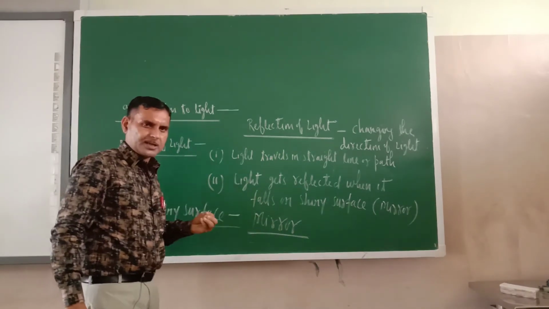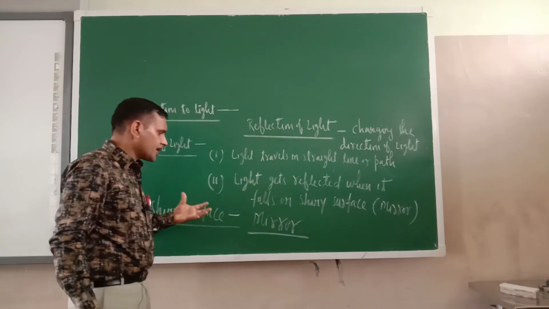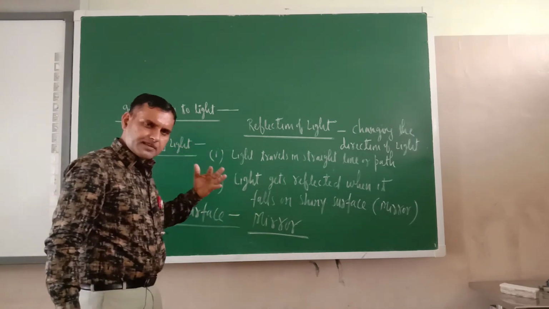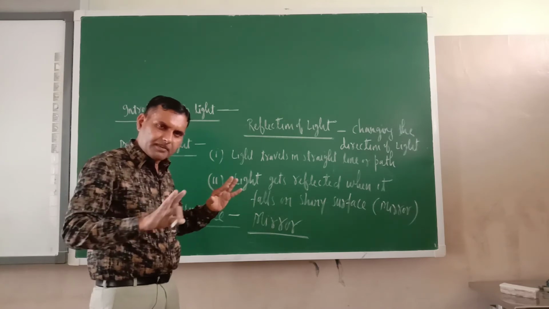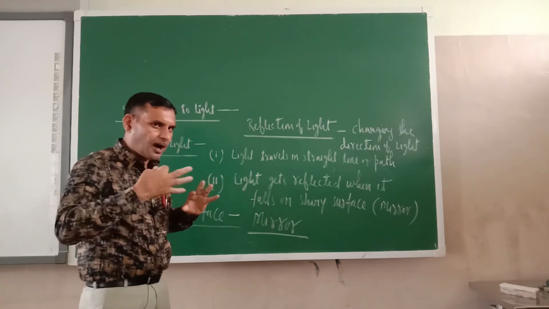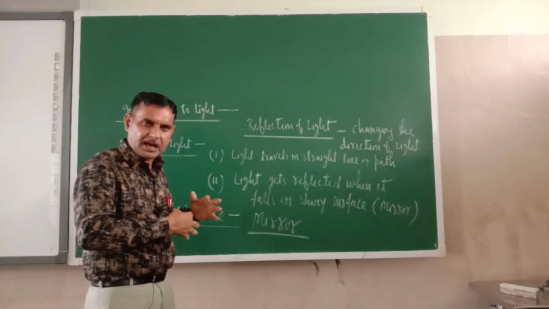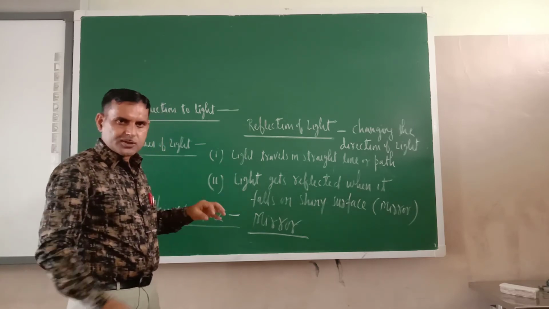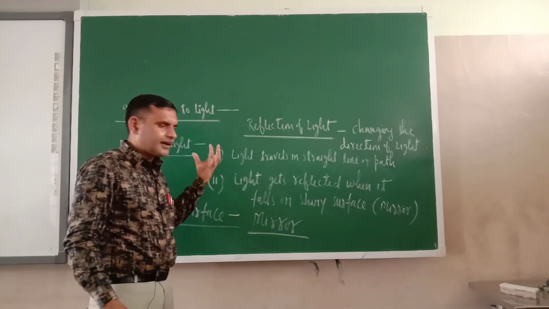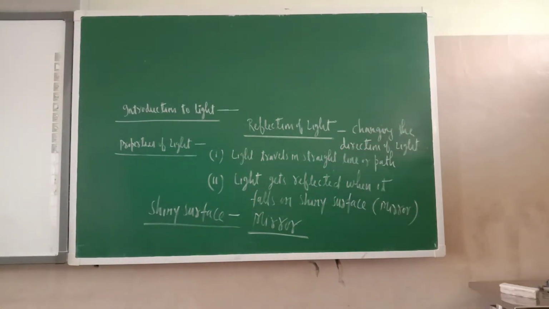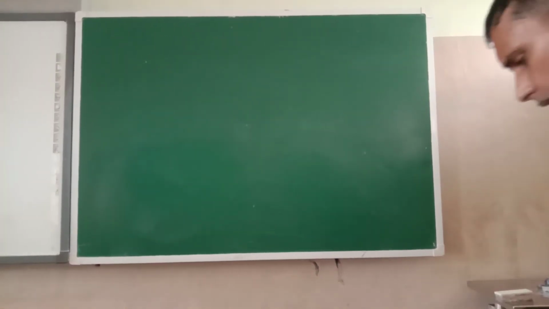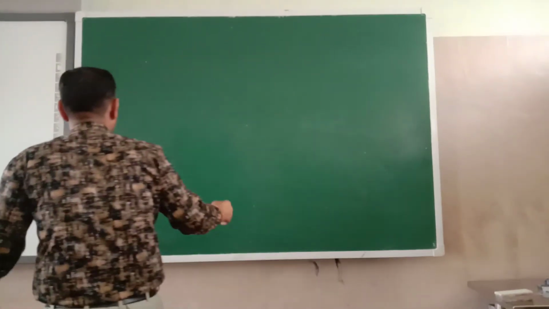Okay, so try to understand. Here the important thing is mirror. Is mirror of only one type, or are they of different categories? They are of different types. So now we'll discuss the mirror. So dear cadets, what is the mirror?